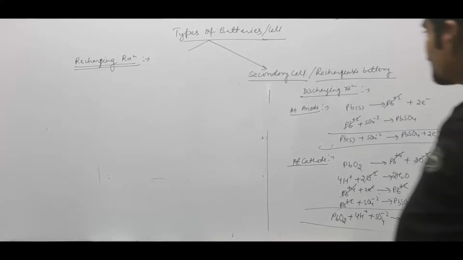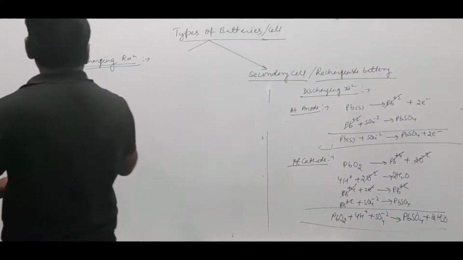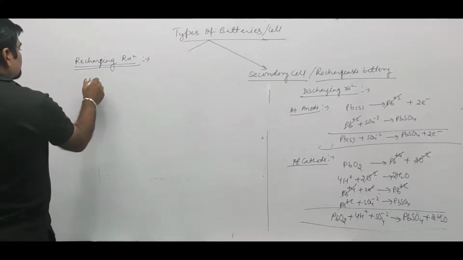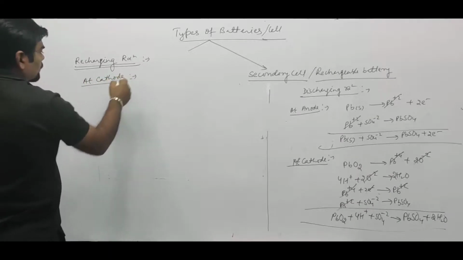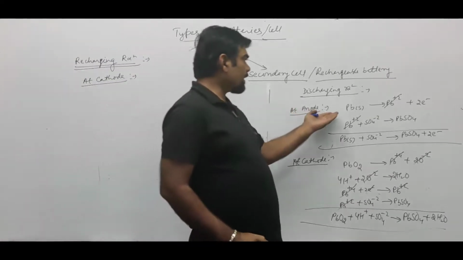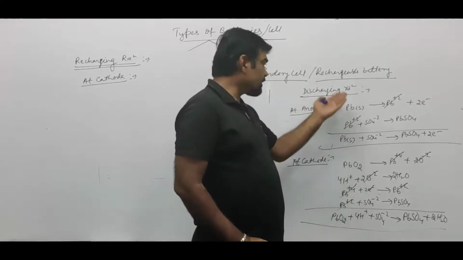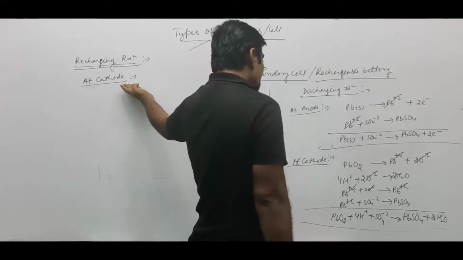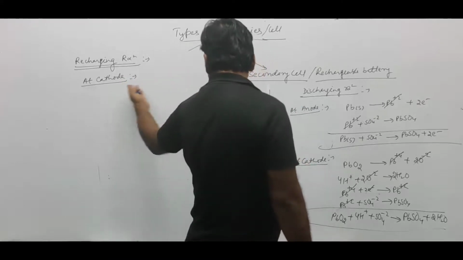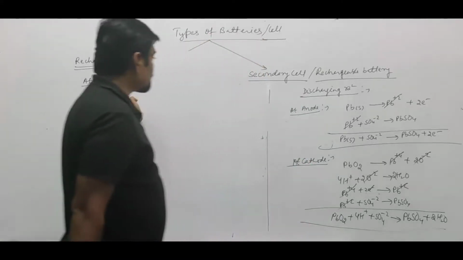Okay. So how will it reverse the chemical reactions? Whatever the reactions in the discharging reaction, the anode will now become the recharging cathode, and the cathode will become the anode in the recharging process.